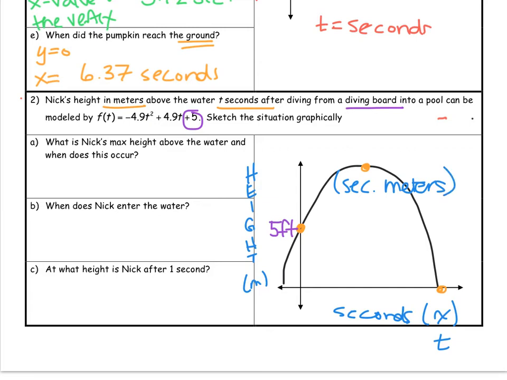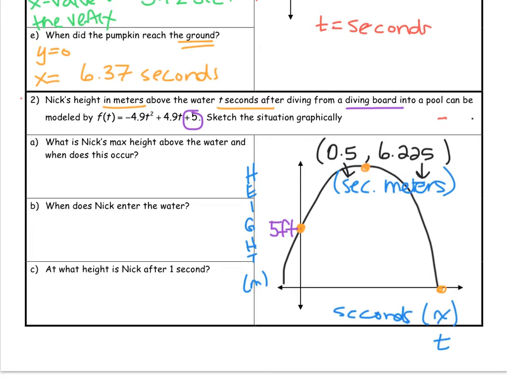If we find the vertex, we can tell how long it took Nick to reach his max height, because this is a maximum, because it's a downward facing parabola. Using the calculator, we get 0.5, and since that's measuring seconds, it's 0.5 seconds, and then 6.225, and in this case it's meters. So it's taking Nick a half a second to reach 6.225 meters. That's what this vertex is telling us.